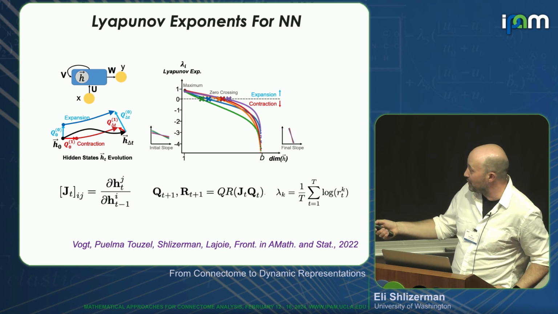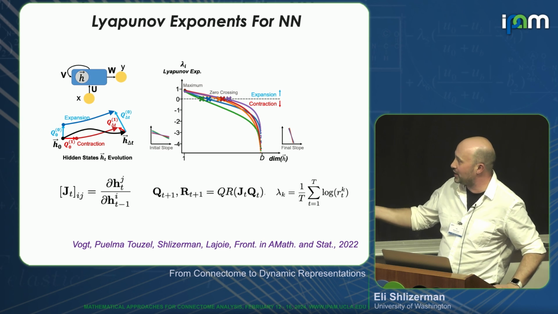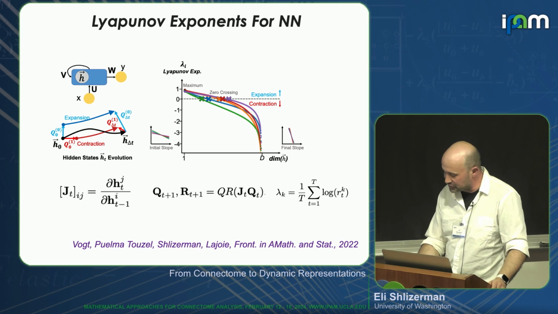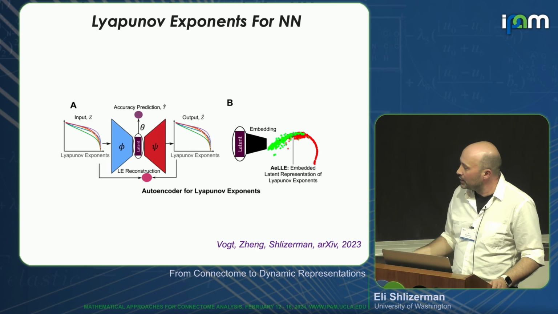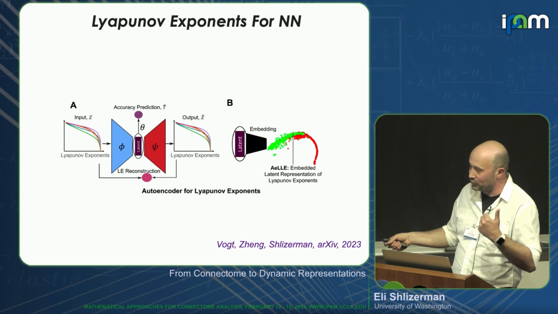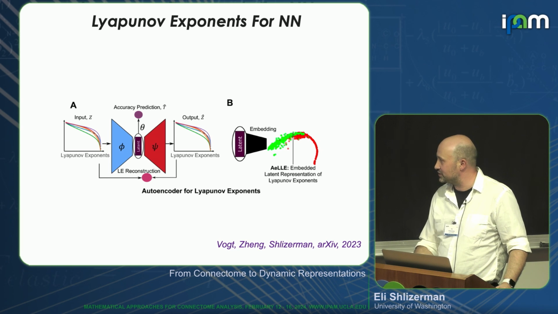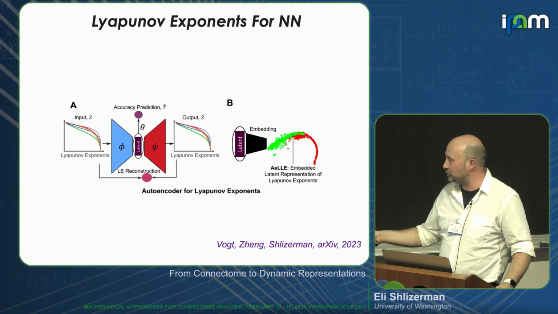As you can see here, maybe it makes sense because we are starting to see which are the expanding directions, contracting directions, and so on. But even more effective would be to combine them with the neural representation methods that I've just described, in terms of encoding them into a low-dimensional space.